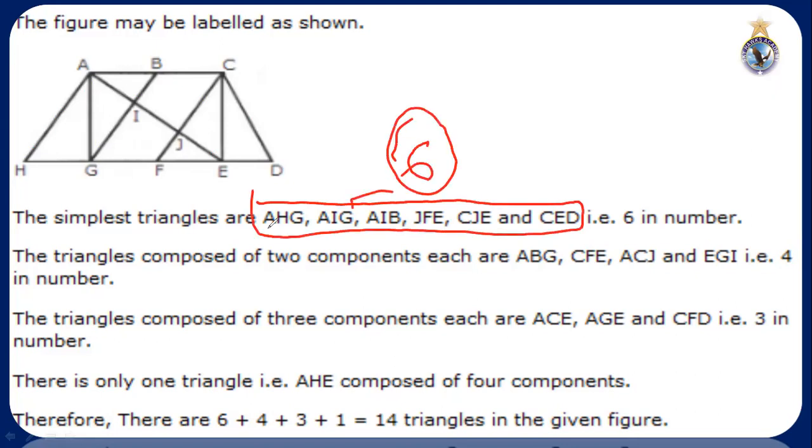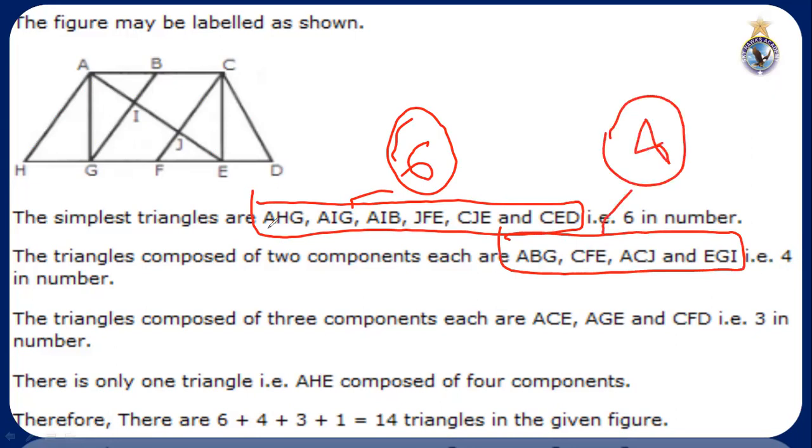Then we have 4 more which are composed of two triangles. These are these ones. You can check. So 4 more. Then the triangles which are composed of 3 figures, there are only 3 triangles. You can see just like that.